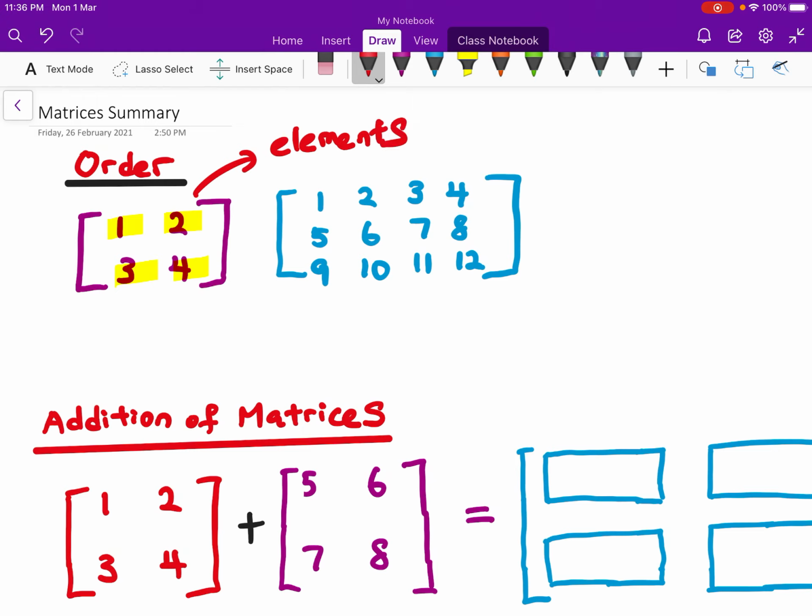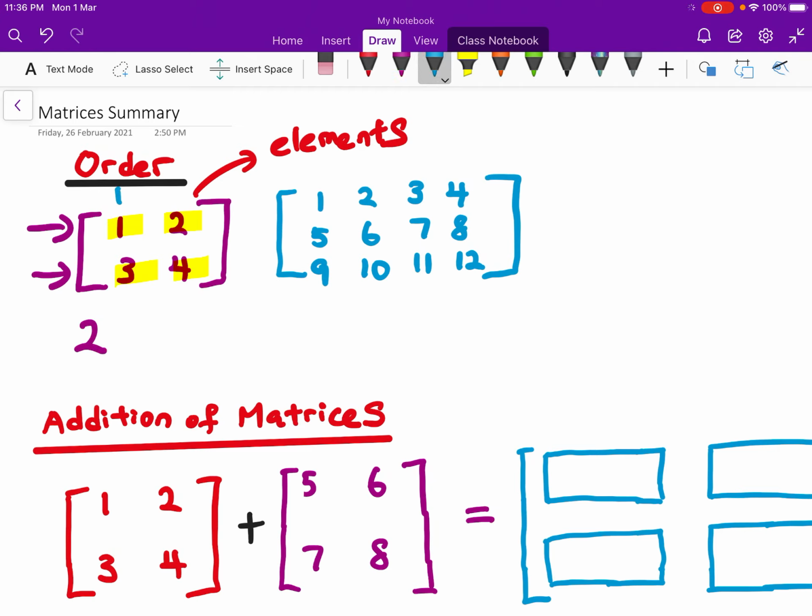So what is an order? Order basically tells us the number of columns and the number of rows that the matrix has. For the purple matrix, we can see there is a first column and a second column, so I just write a 2 here. Then how many rows does it have?